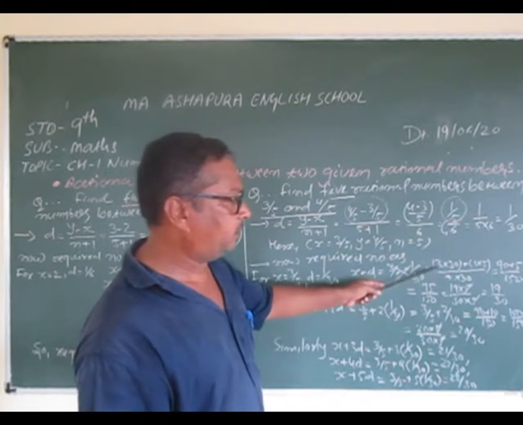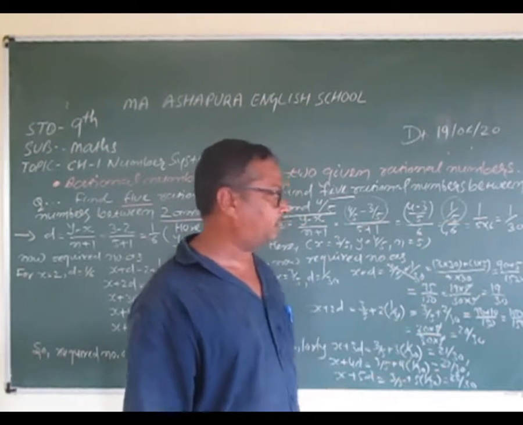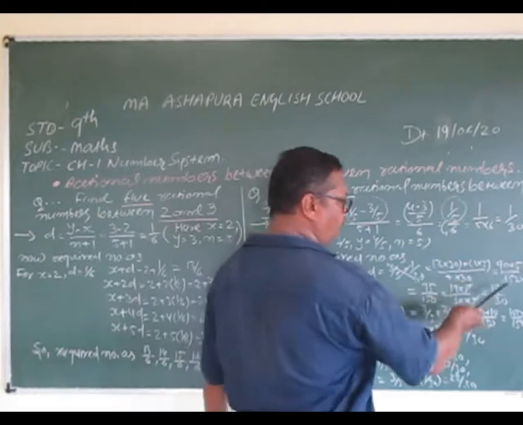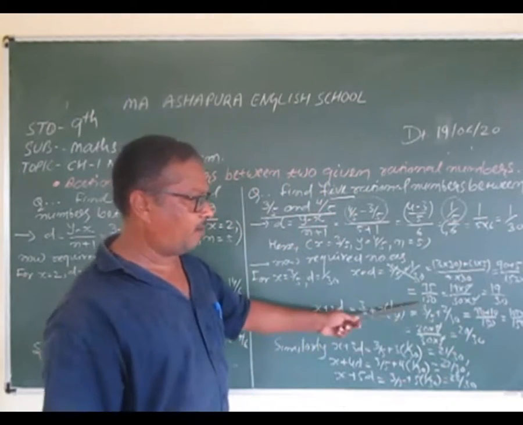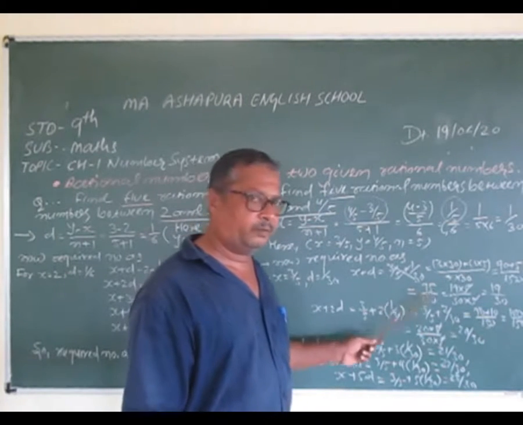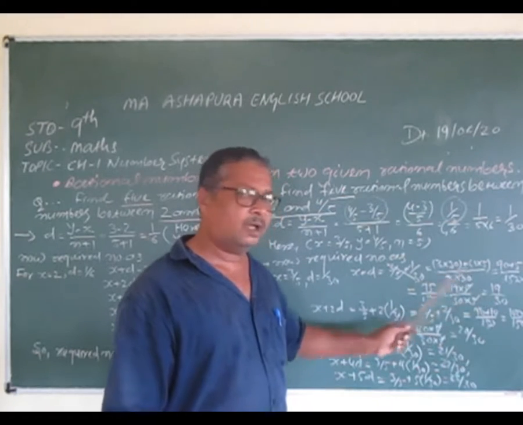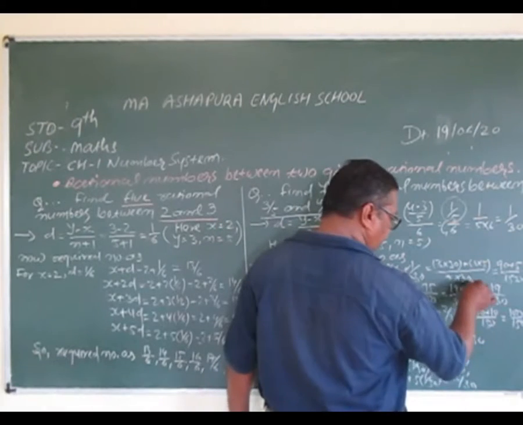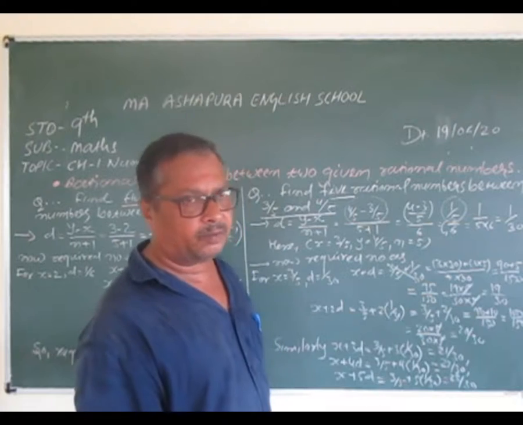So we get (3 multiply 30 plus 1 multiply 5) by (5 multiply 30). 3 thirties are 90, 5 ones are 5, by 5 thirties are 150. So we get 95 by 150. But we know that 5 is a common factor between them. 19 fives are 95, 5 thirties are 150. So 5 is the common factor which is cancelled out, and finally we get 19 by 30 as our first required term.